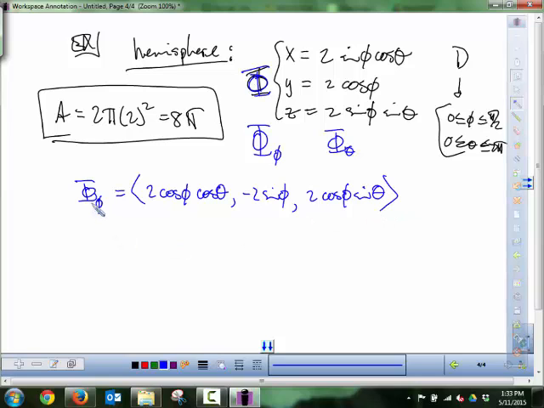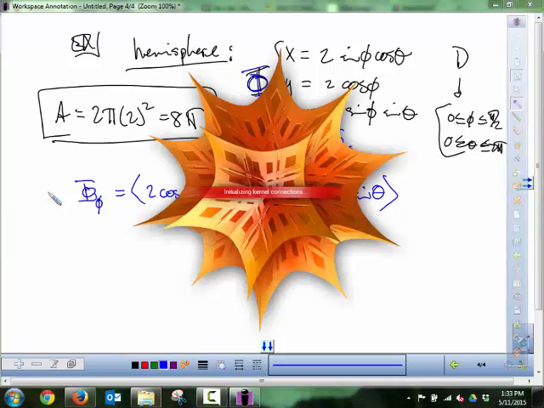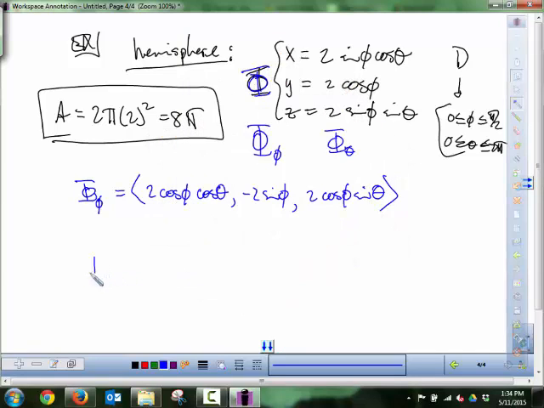So that's the first one. I'm going to get my Mathematica ready because I'm not going to want to cross it and then take the square root, which is what we'll need to do. So the next thing is to find the derivative of capital Phi with respect to theta. So this is a cosine theta, so that would be a negative 2 sine phi sine theta.